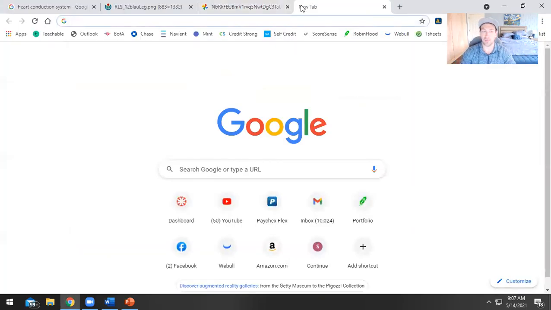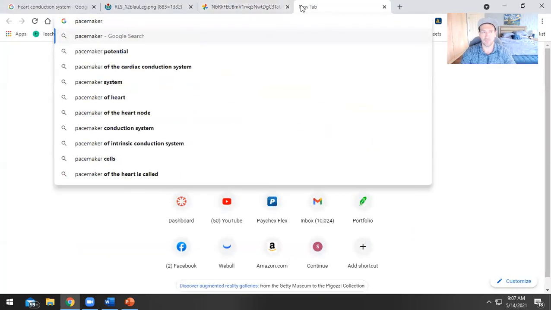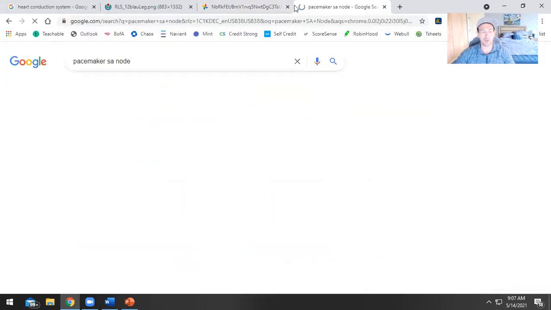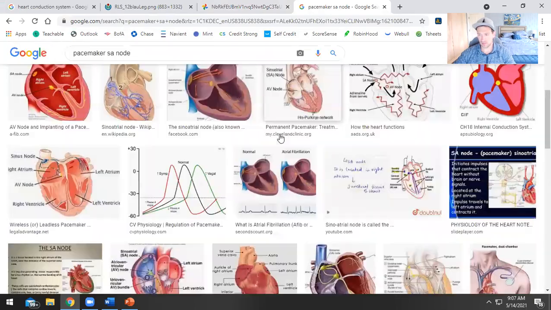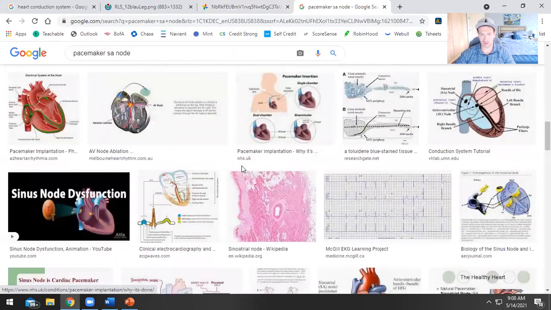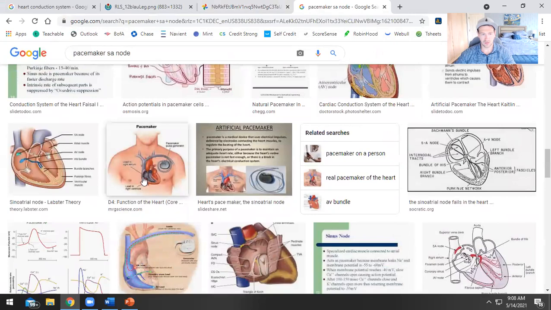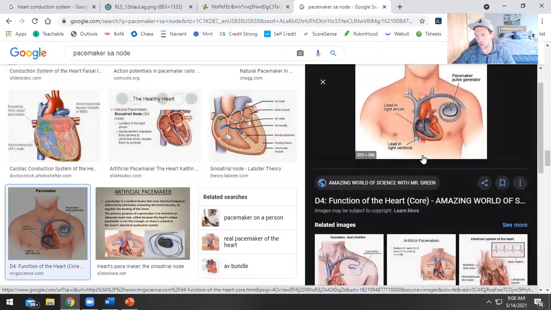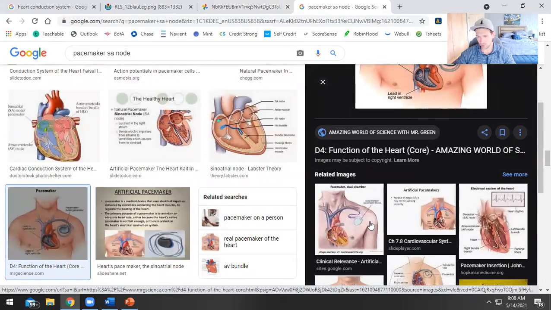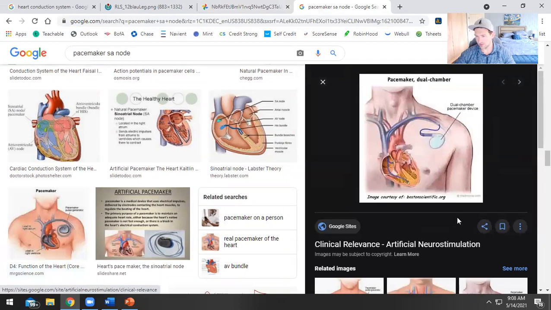And if we look up what a pacemaker is, when you look at a person who has a pacemaker, can I see one with the wires, please? Yep.